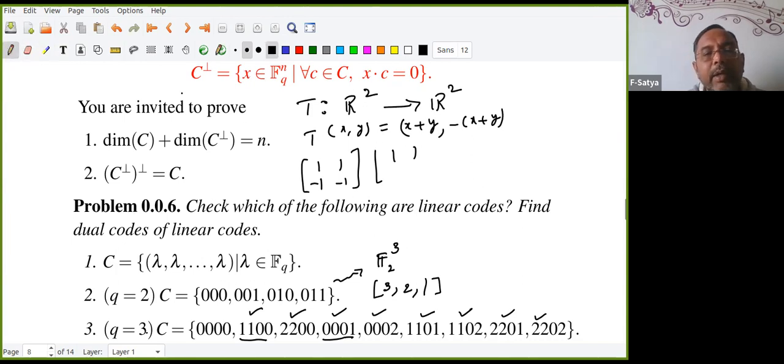What happens if I multiply this matrix by itself? What is the answer I get? This into this is 0, this into this is a 0 vector, this into this again a 0 vector. Right? Okay, fine. What is the range space of this?